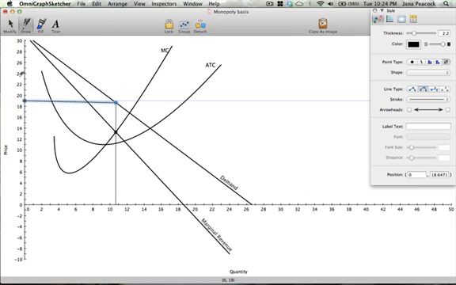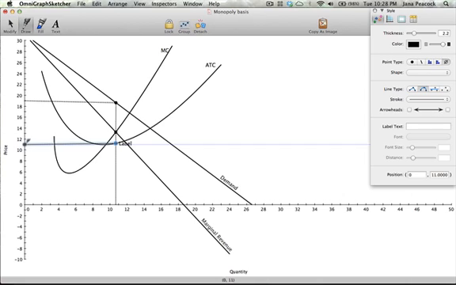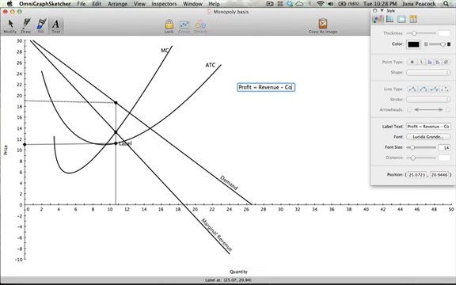But we're not done. Now we want to find profit. All right, to find profit, we're going to have to go down to ATC, and we're going to have to look across. So let's review right quick what our equations for profit are. Profit equals our revenue minus our cost.